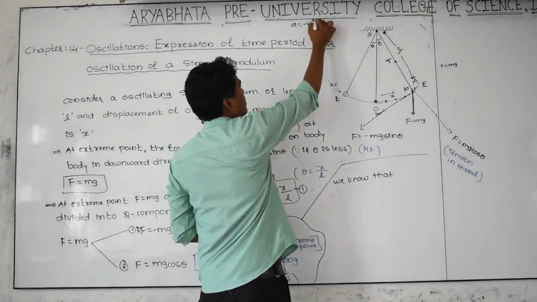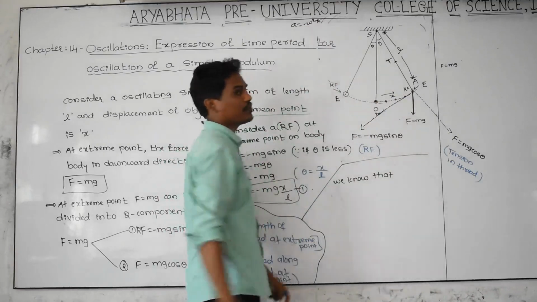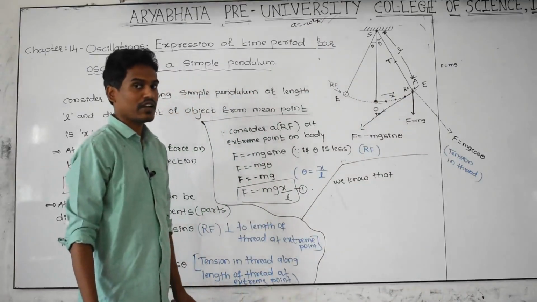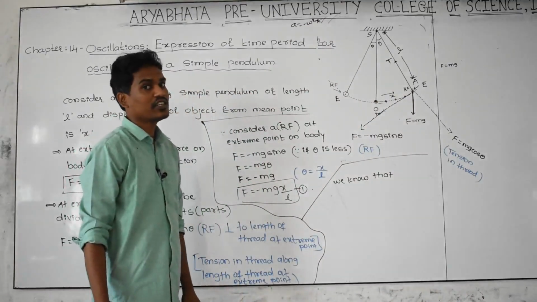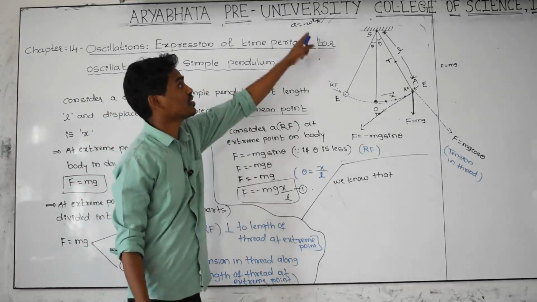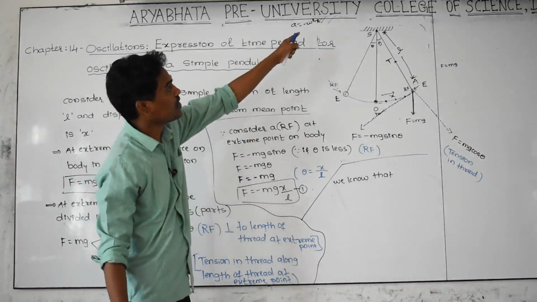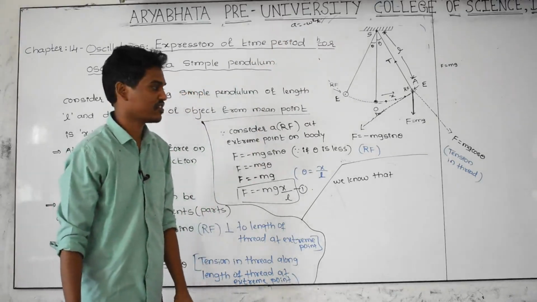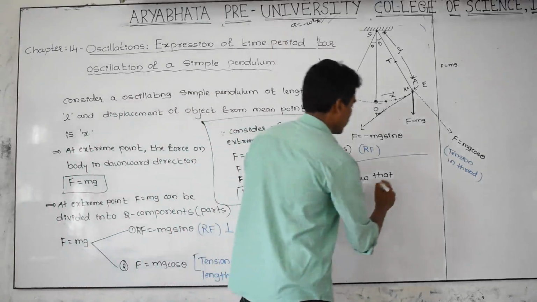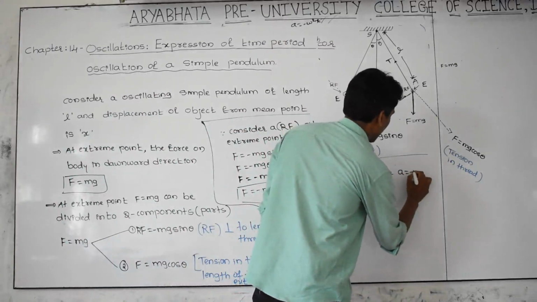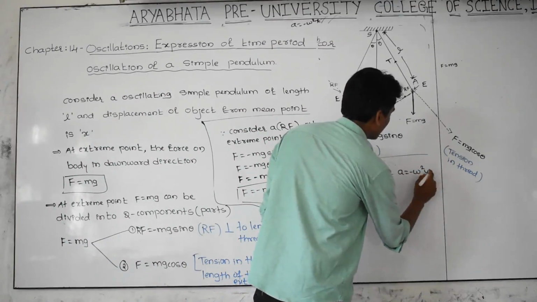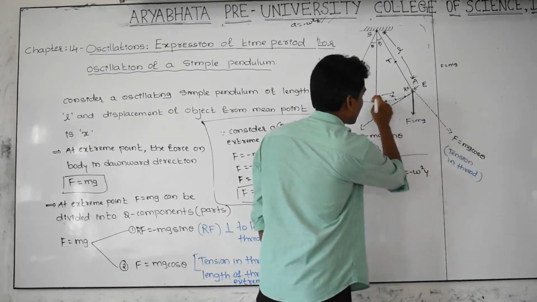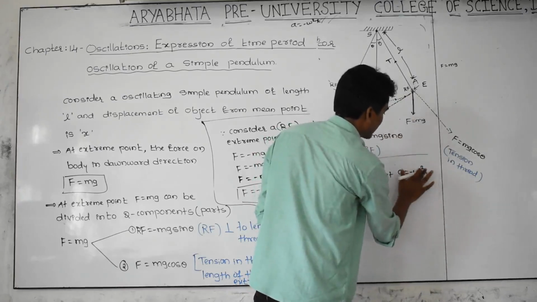Whenever the object is in simple harmonic motion, its acceleration can be found using this equation. x is the displacement, a is the acceleration, omega is the angular velocity or angular frequency.